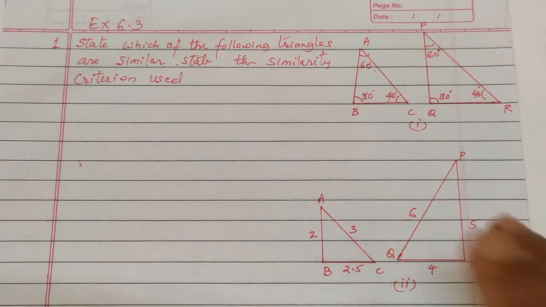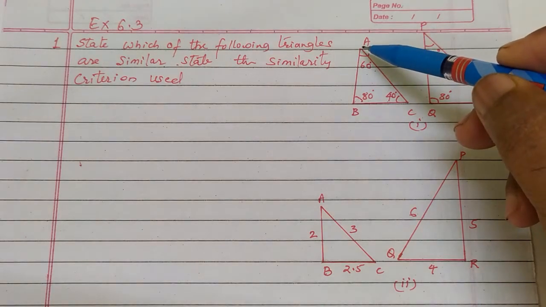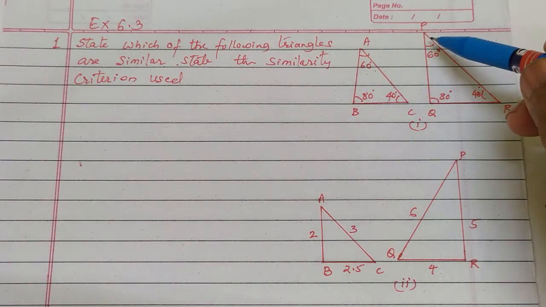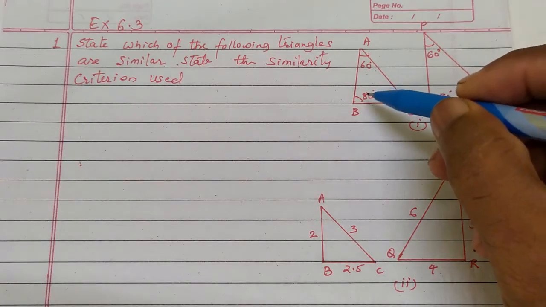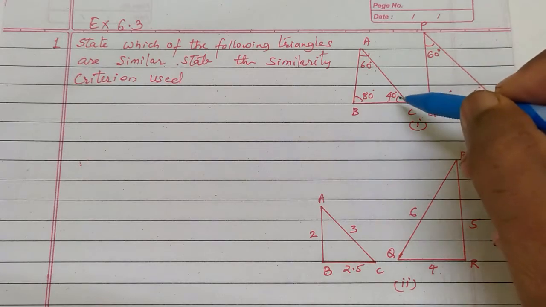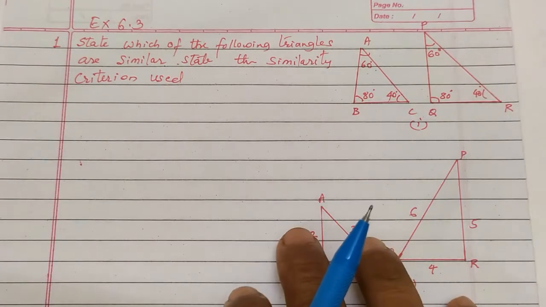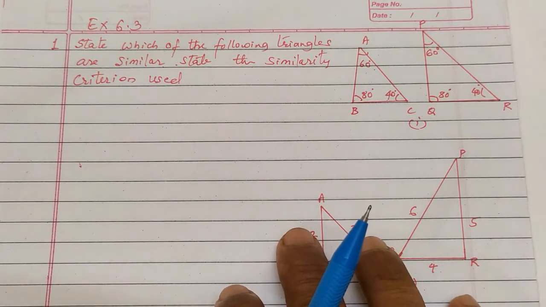Here we can see the first one. Here you can see angle A is 60 degrees, angle P is also 60 degrees, angle B is 80 degrees, angle Q is 80 degrees, and angle C is 40 degrees, angle R is 40 degrees. So this way you have to write down.